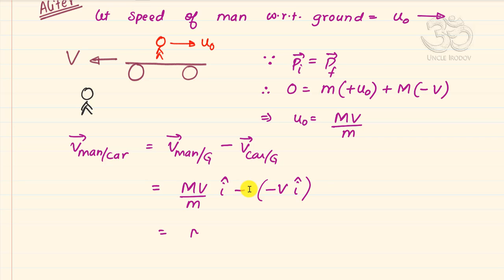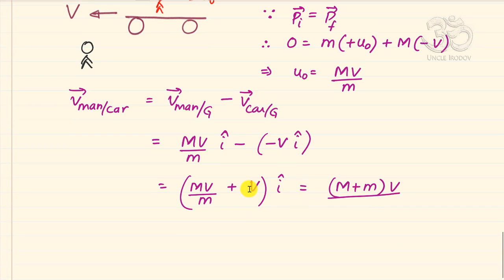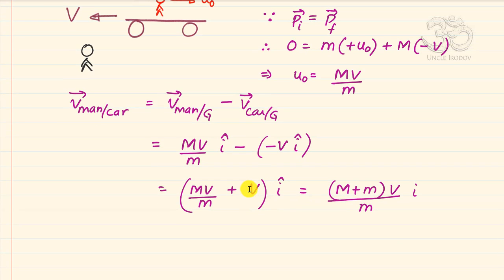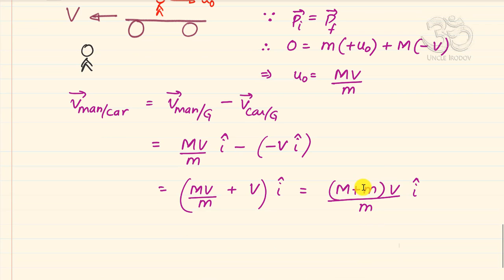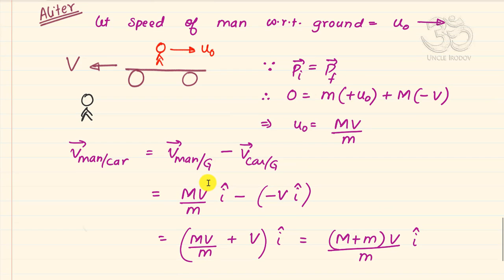And you're going to get big M V by m plus V, all that i cap, and you're going to get big M plus small m times V by small m times i cap. So you will still get the same answer as the previous one, big M plus small m into V by small m, if you have taken all the variables properly.